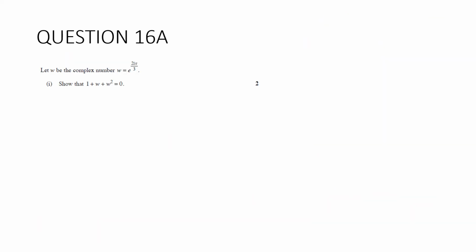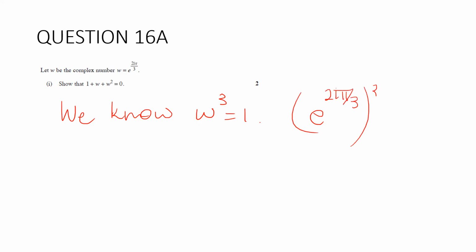16a, let w be the complex number e to the 2i pi on 3. Part 1, show that 1 plus w plus w squared is equal to 0. Nice easy question to begin with. We know that w cubed must be equal to 1 because e to the 2i pi on 3 cubed is equal to e to the 2 pi i, which is equal to 1.